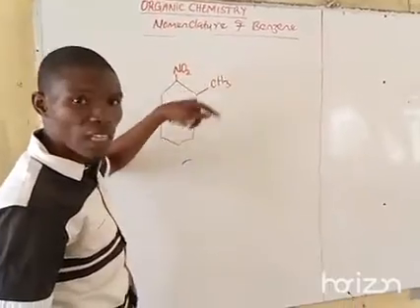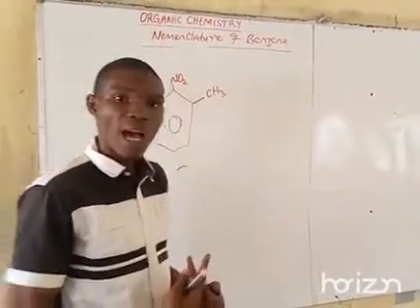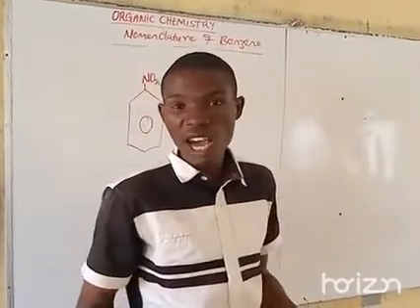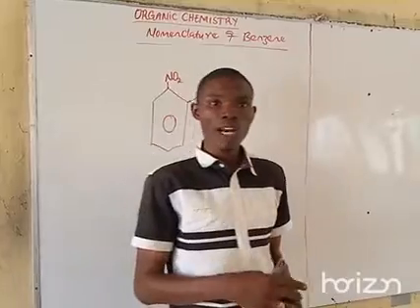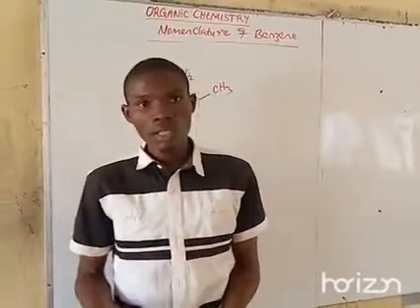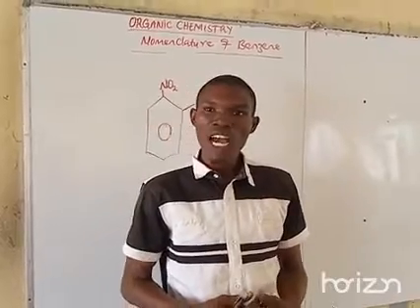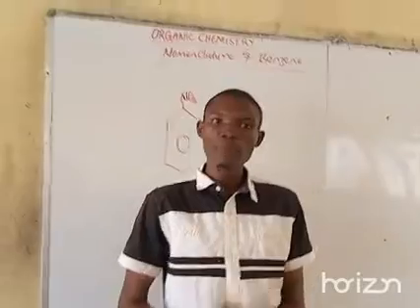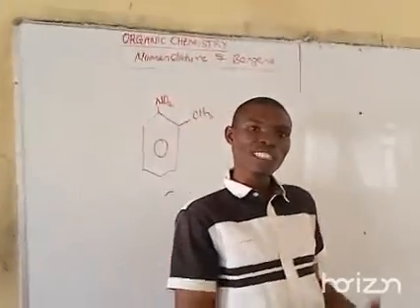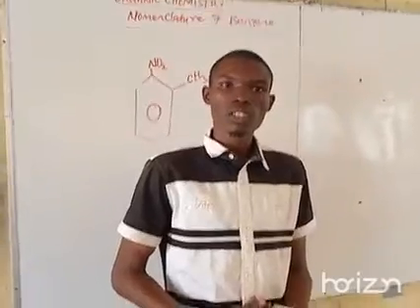So we are going to consider the one that is adding electrons. For example, if I have a father, maybe I have two uncles. One of my uncles usually gives me money, while the other one always collects money from me. If they ask me to present my father, maybe in the absence of my father, who do I present? I will present the uncle that is giving me money, not the uncle that is extorting money from me. Do you understand?